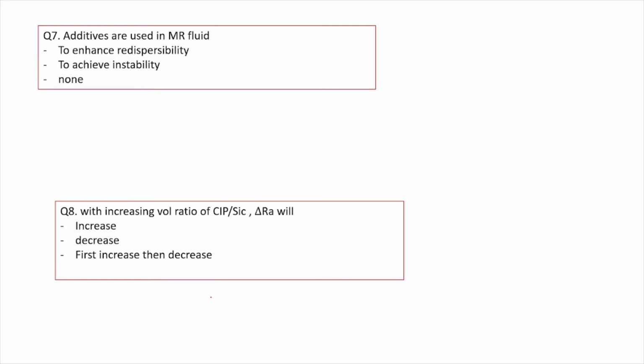So basically in that process additives are used, as we have seen in the first slide itself. Additives are used in MR fluids, such as silica, surfactants, grease, mineral oils, and oleic acid or the like. Why are those additives used?